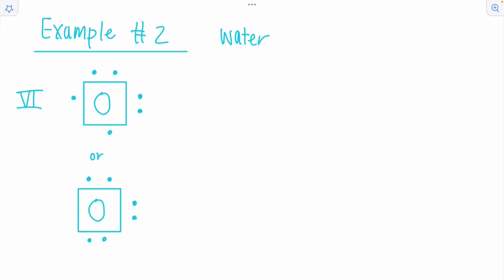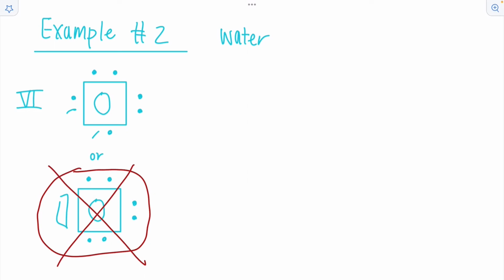There are 2 options for how you decided to arrange your electrons. Either like the top choice or the bottom choice. Either you have an empty spot here or you have empty spots here. If you drew this, that is wrong. There should be no empty spaces.